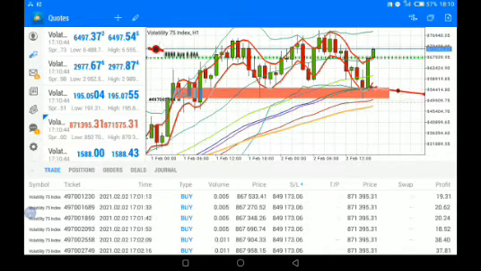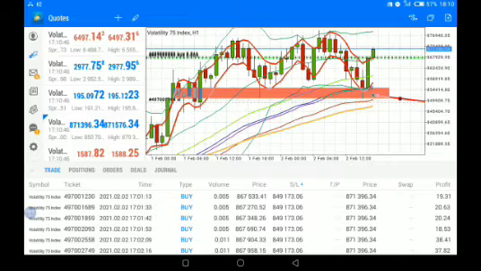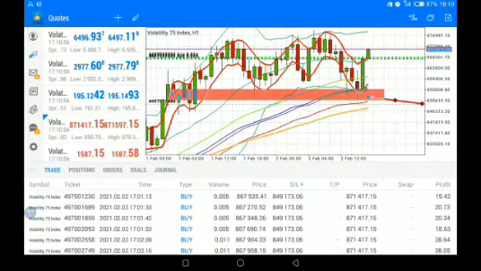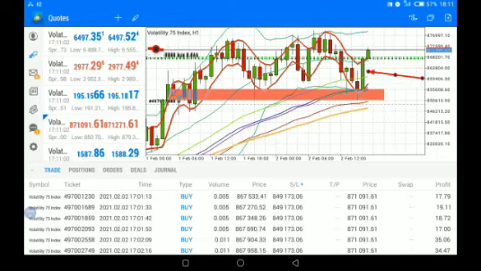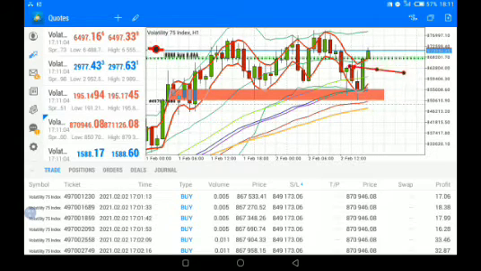So I'm just going to hold this for a bit and allow time to do its part. Only time will tell if I'm wrong or if I'm right. But I am hopeful that I am right, because I know that price will go my way since I've just found my setup, and my setups are 90 to 95% accurate.